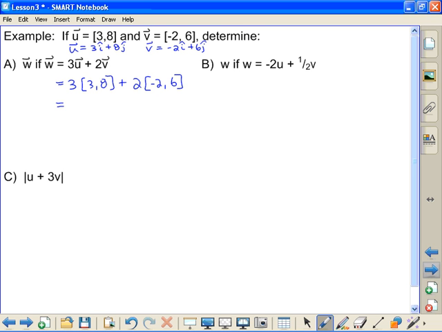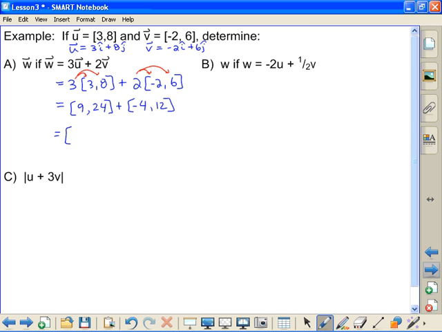Next, same as it would be in regular algebra, we want to do distributive law. So I would distribute the 3 into the first vector, or scale it up. I'm making the u vector three times as big. I'm scaling it up. So we end up with 9 and 24 plus negative 4 and 12.